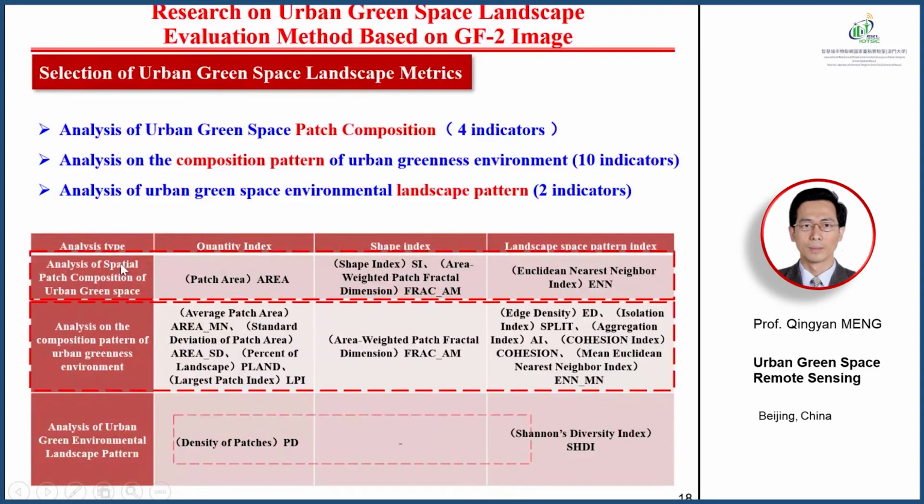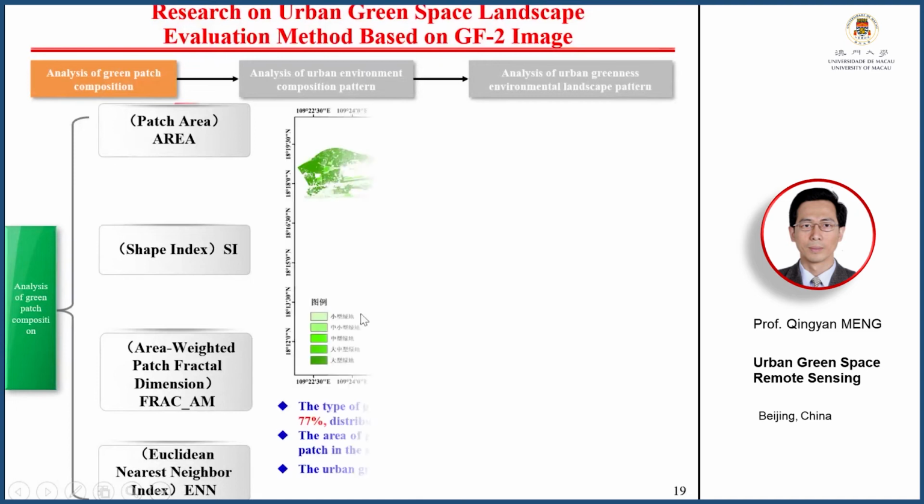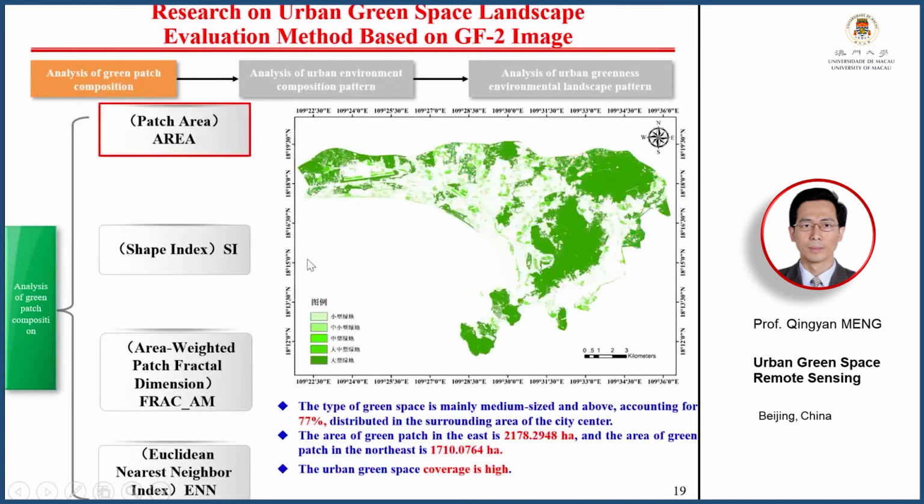Then we conduct the later things. Okay, we analyze the green patch composition using the patch area, the shape index, the area weighted patch fractal dimension, and the Euclidean nearest neighbor index, and we can study it.